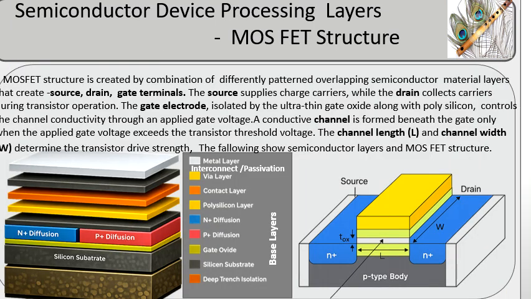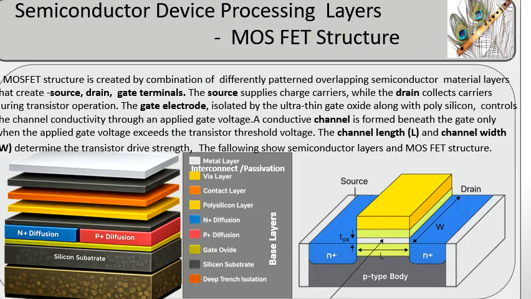The semiconductor processing layers shown in the panel illustrate how multiple patterned films are stacked to build the device. At the base lies the silicon substrate, with doped regions and deep trench isolation defining the foundation. Above it, the gate oxide and polysilicon form the control element of the transistor. Diffusion layers create the source and drain terminals, enabling current flow through the channel.